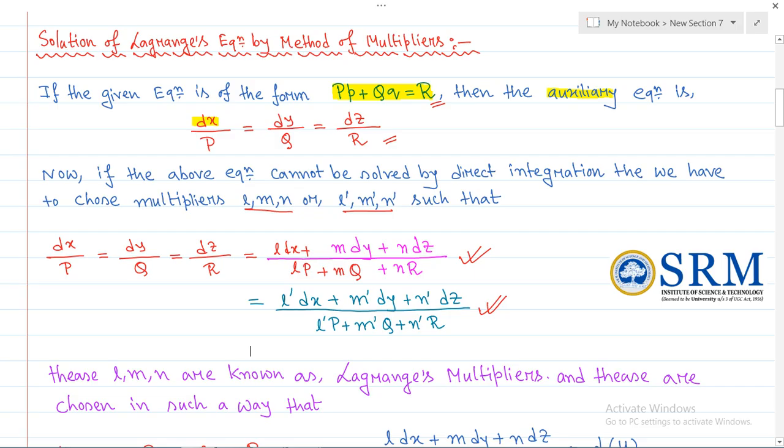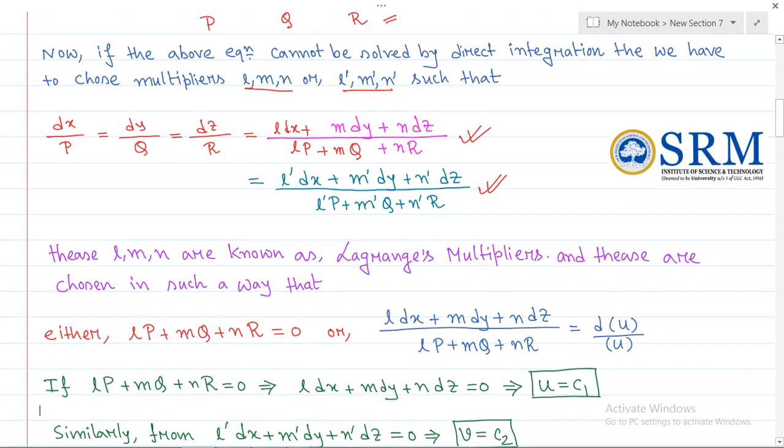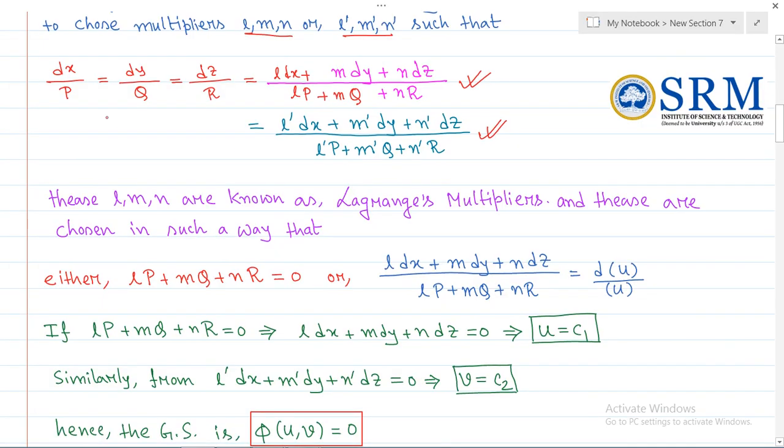But why? What is the reason for creating these two factors and what advantages will we get? Since we cannot solve these three factors using direct integration, l, m, n are chosen in such a way that the denominator term lP plus mQ plus nR goes to 0, or else this whole term, that is l dx plus m dy plus n dz upon lP plus mQ plus nR, becomes a differential of u, that is du upon u.